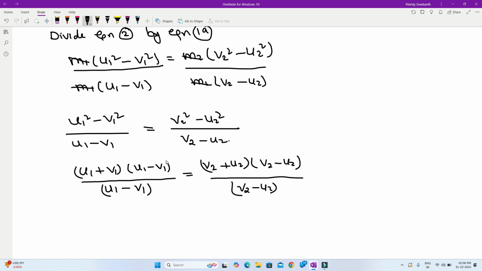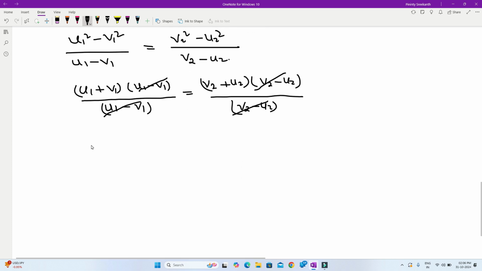So here u1 − v1 gets cancelled, and v2 − u2 and v2 − u2 get cancelled. Then the remaining terms are u1 + v1 is equal to v2 + u2.